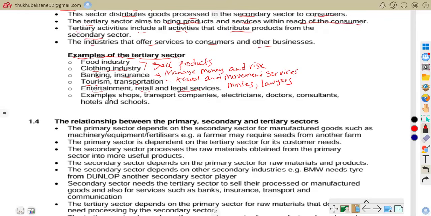Then we have shops, transport companies, electricians, doctors, and consultants. Hotels and schools are also examples of tertiary sectors. So those are other services.